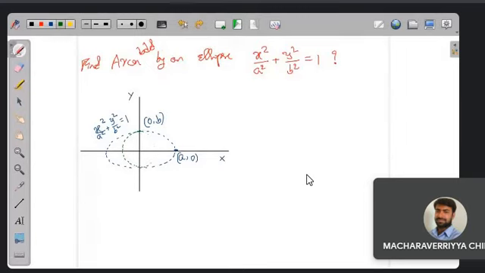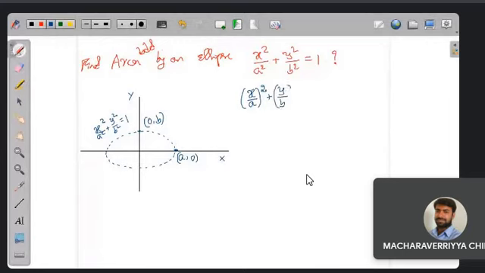Now to do that, I'll take this transformation and choose the new coordinates. The new coordinates are u equal to... See, first let me observe this equation. This equation can be rewritten as (x by a) whole squared plus (y by b) whole squared equal to 1.